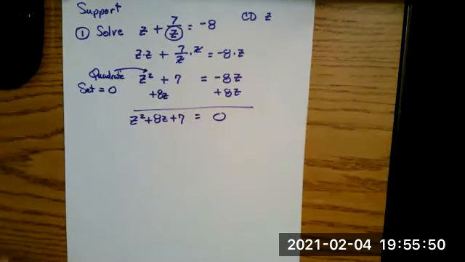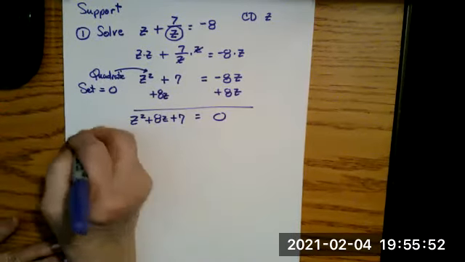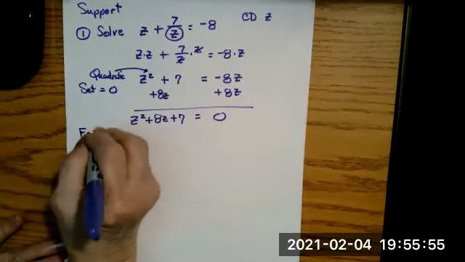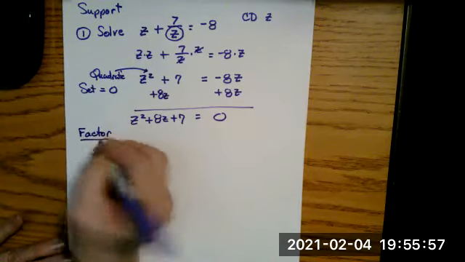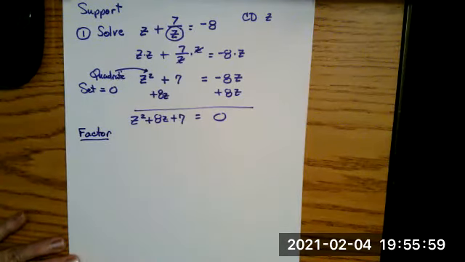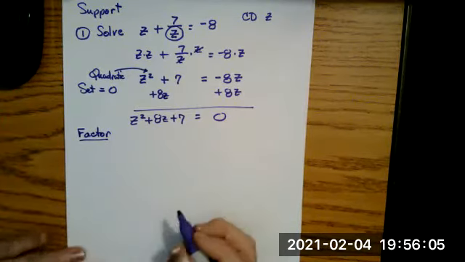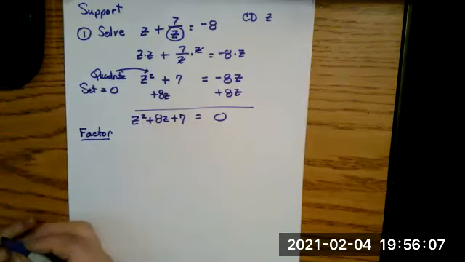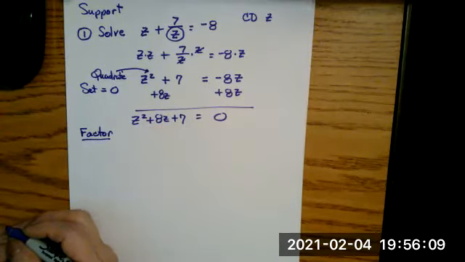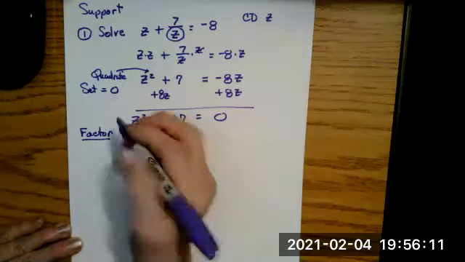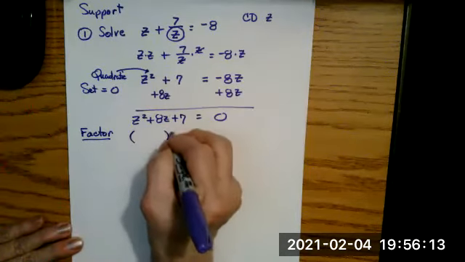Now I've set it equal to 0. Now then you have to factor. Some of you may not remember how to factor, and it's okay. We'll do this as much as we can to catch you up on factoring if you've forgotten how. Anytime you have a trinomial like this with 3 terms, it will factor into 2 binomials.